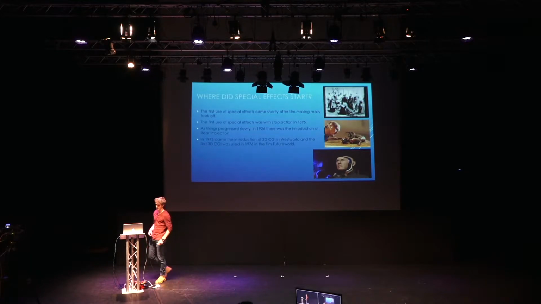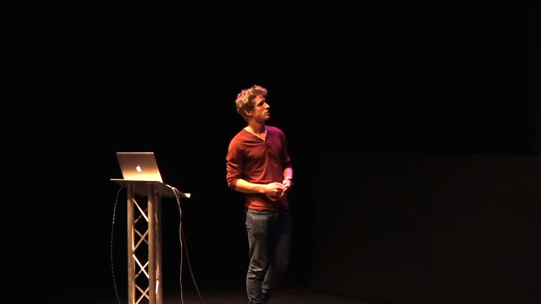And then a few years later, there was a slow progression, and in 1926 there was then the introduction of rear projection, which this man here, Ray Harryhausen, used a lot of, and he helped to change a lot of the films we see today. I will talk more about him in a second.